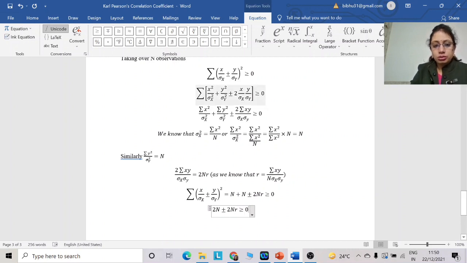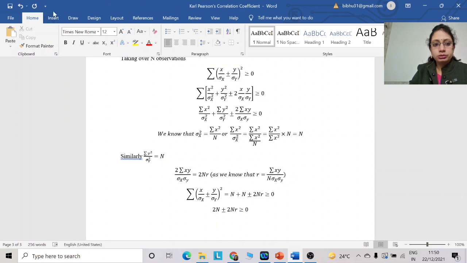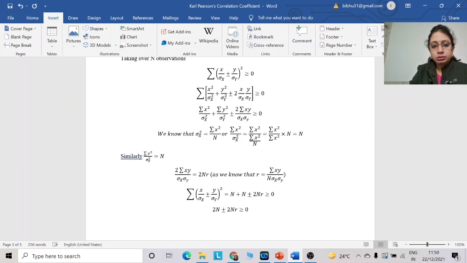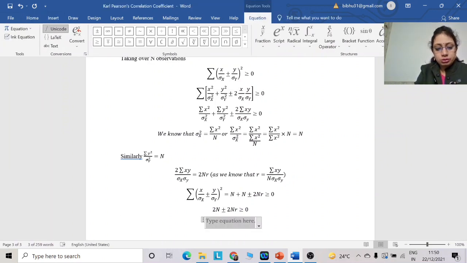Now here 2n is common, so what remains? 1 plus minus r is greater than or equal to 0.